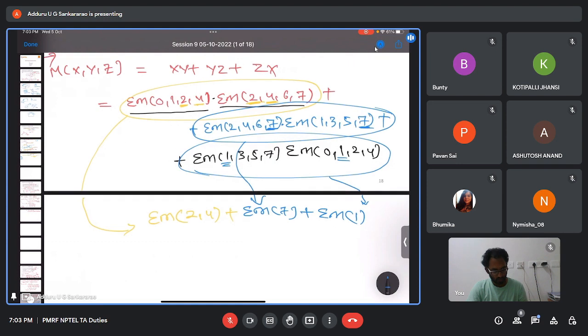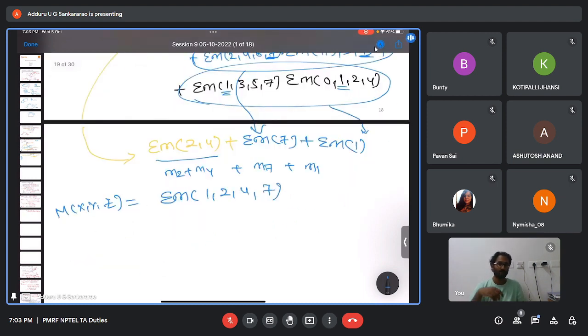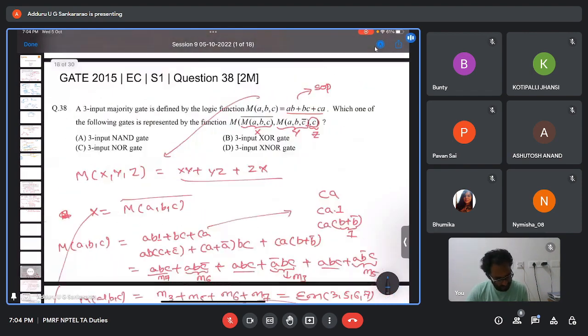Okay. So sigma m of 2, 4 means it is m2 plus m4. The next one is m7. The next one is m1. So this is sigma m of 1, 2, 4, 7. This is the final output we want, that is M of X, Y, Z. Let us say this is f.